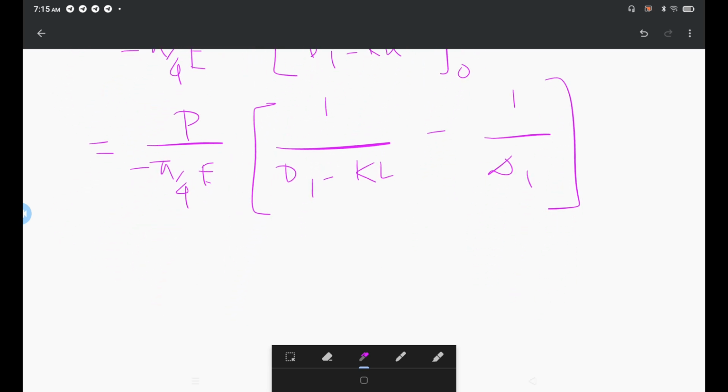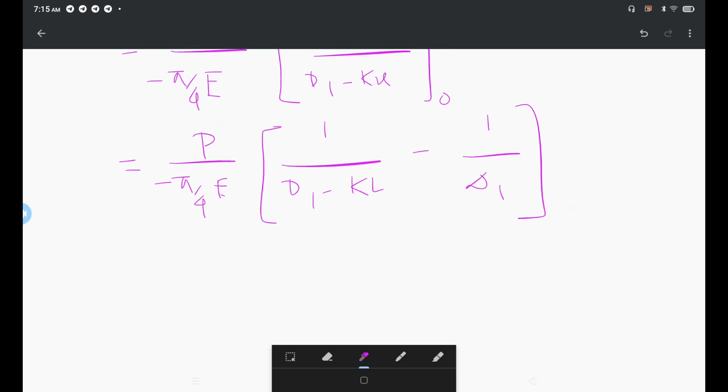This is our total elongation, our formula for total extension.